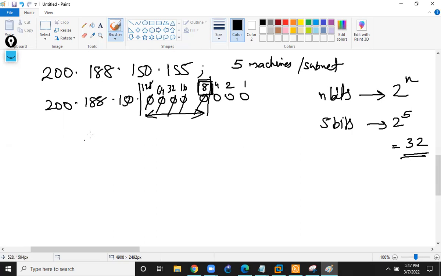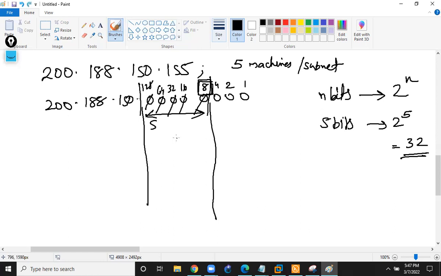So again, I'll give you time. To write the first 3, you keep on adding the block size. And what about the last 3? Let me tell you. To find the last number, how many bits do you have in the subnet portion? 5 bits.